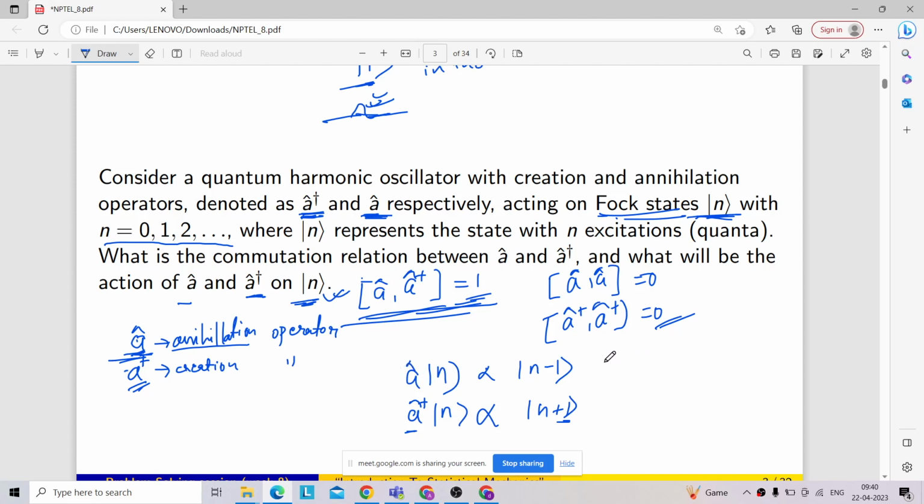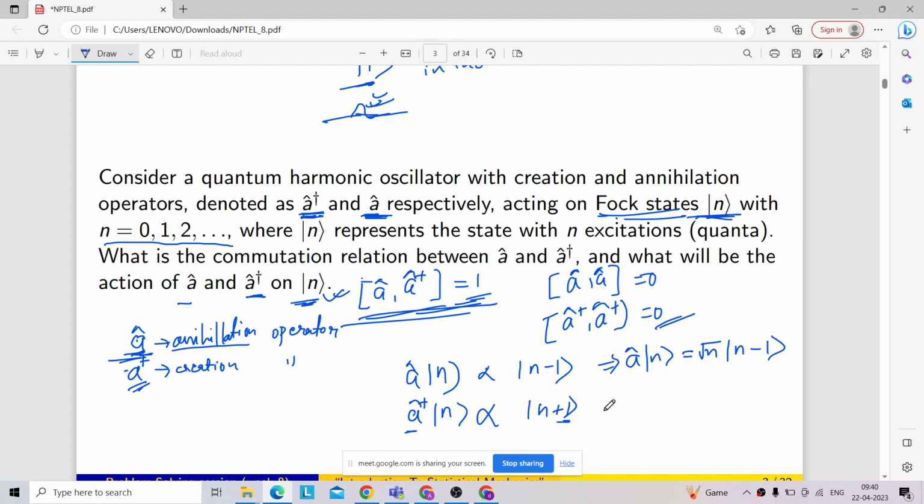So let me write down the proper formula. When the annihilation operator operates on a state, the factor will be root n, depending on the number of quanta, and it will reduce one particle, right?